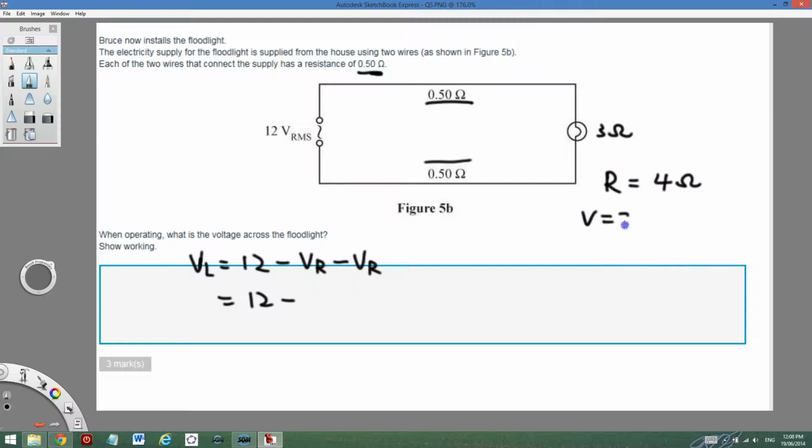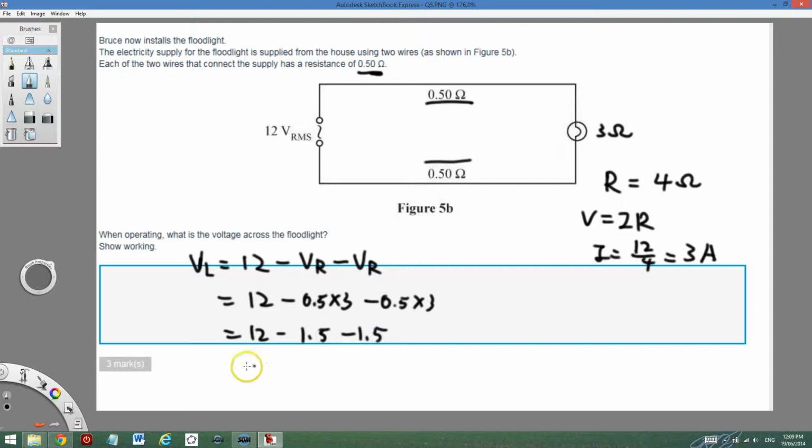V equals IR, so the current is 12 divided by 4, which is 3 amps. So the voltage across the light will be 12 take away the voltage used by this, which is 0.5 times 3, and by that, which is 0.5 times 3. So it's 12 take away 1.5 take away 1.5, which is 9 volts.